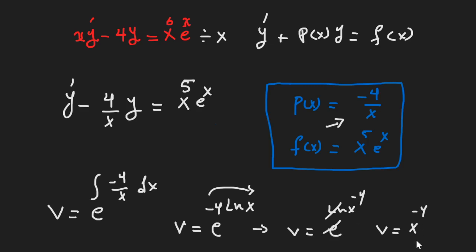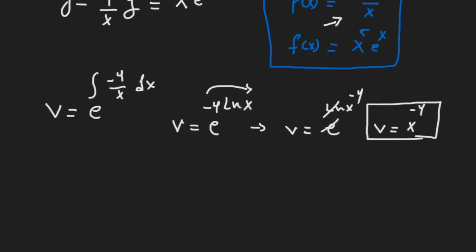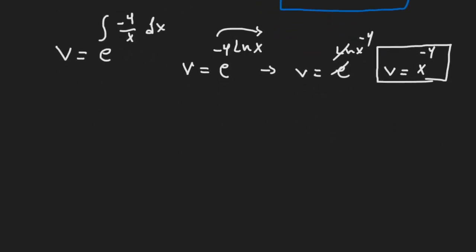Your final answer, or your integrating factor, is basically x to the minus 4. Now you can go ahead and write your general solution. You have v, you have f of x, and you have the equation in the standard form.